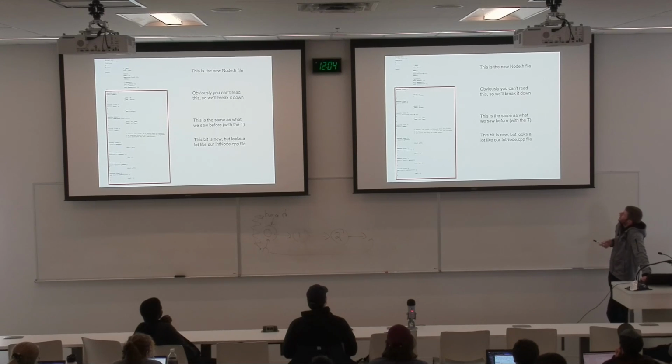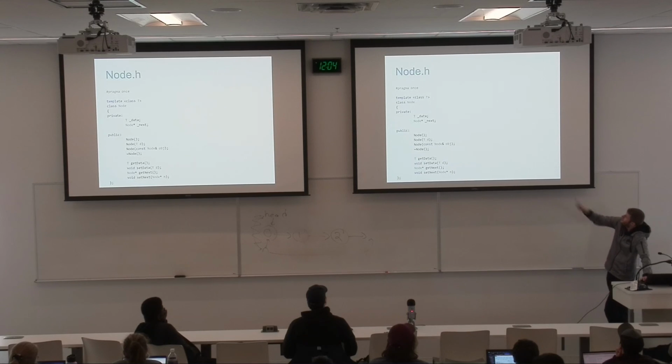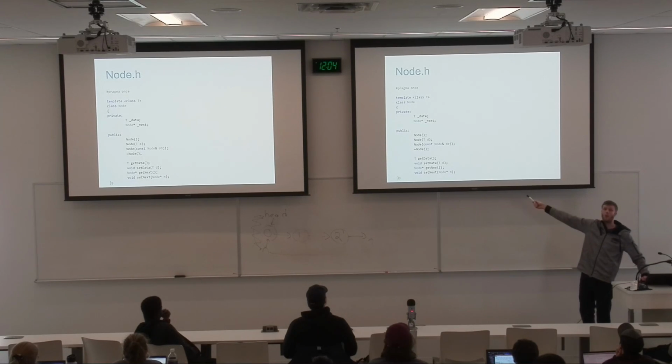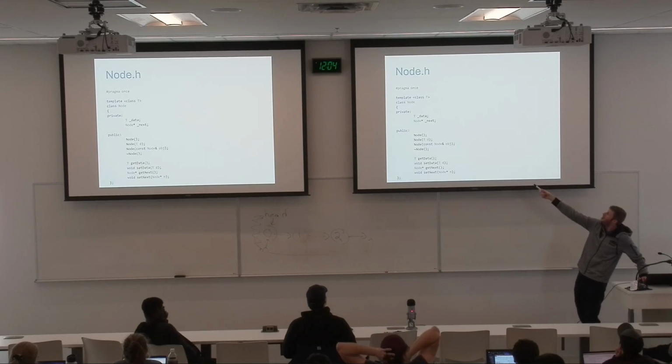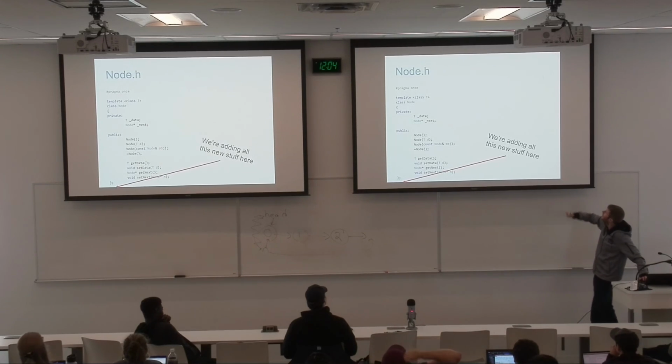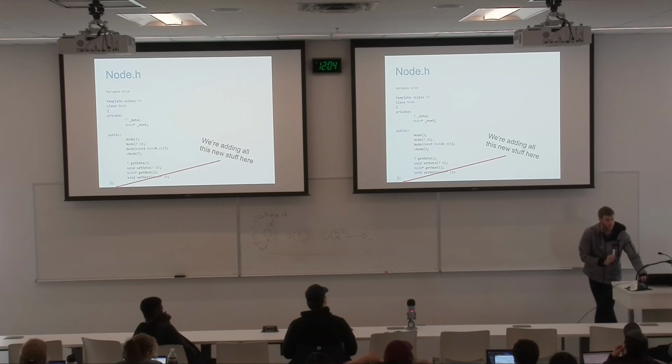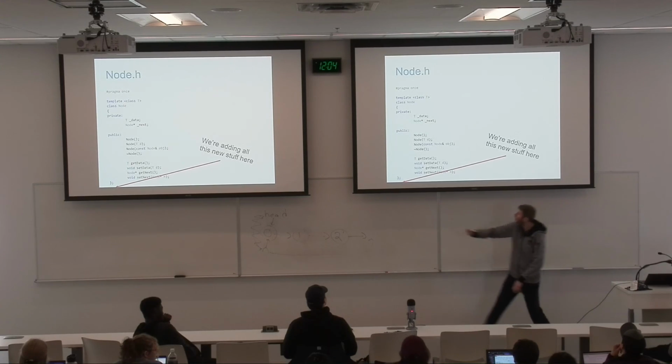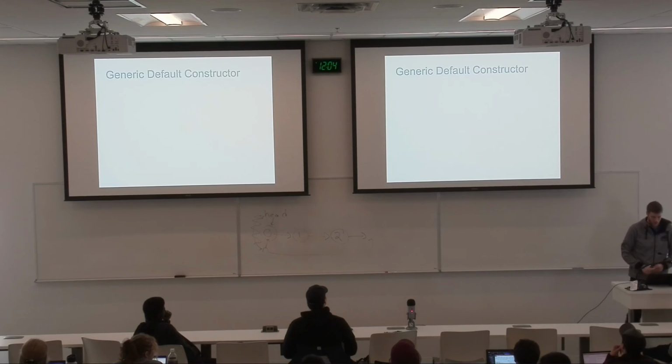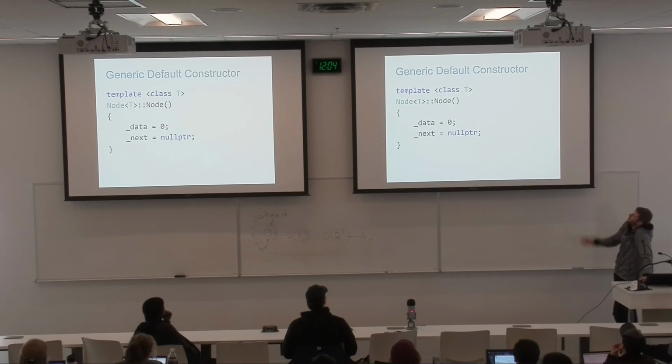But this bit is new, and it's going to look a lot like our int node class. So, here's node.h. This is what we just saw a second ago, with the T in place of everything else, but also that template T. Now, all the stuff we're about to see gets added below here in the header file. Generic default constructor, there.